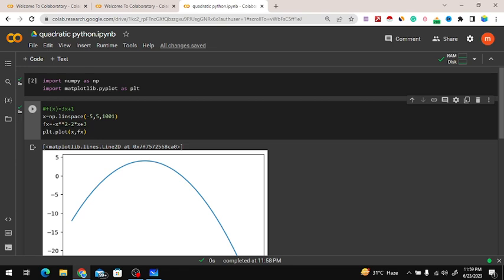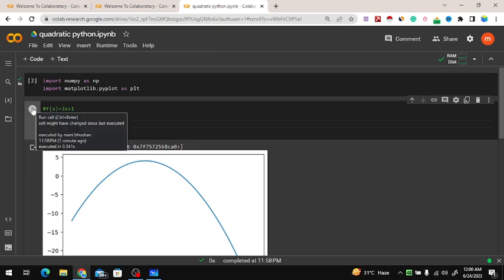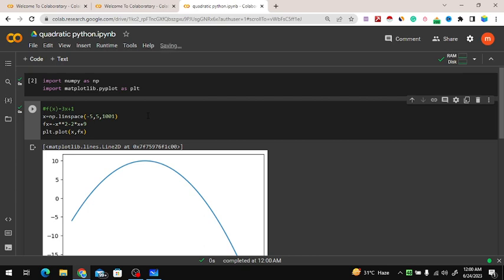So how do we get it? Like x square, and if I write the equation minus 6x and plus 9. Now I want to plot.